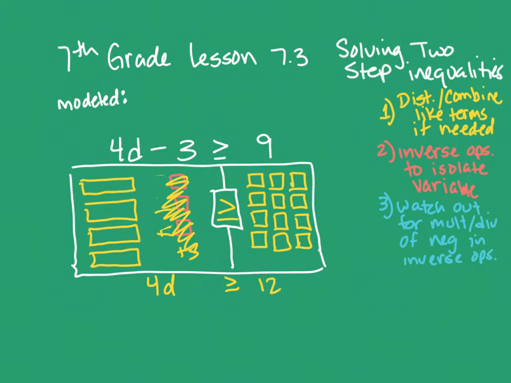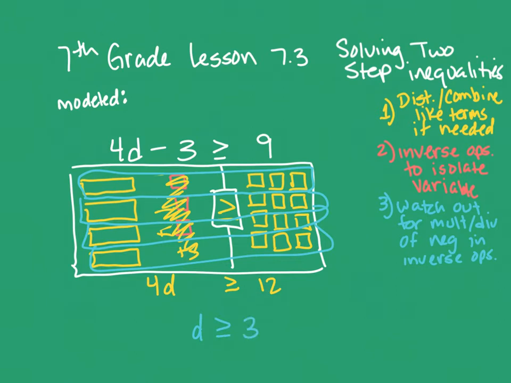And now I want to divide all of these D's into 4 equal parts so that I just have 1D. How much of those 12 does each one of them get if we're sharing fairly? And so 1D will get 3 of the ones. So here, when we do the calculations, right, we end up dividing by 4, which is exactly what we did. And 12 divided by 4 gave us 3.